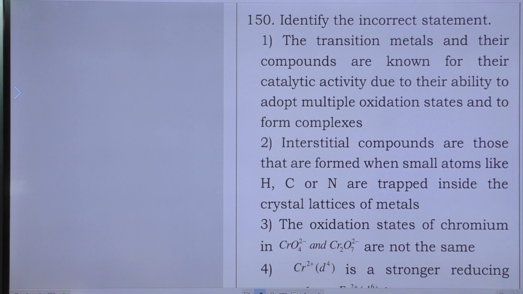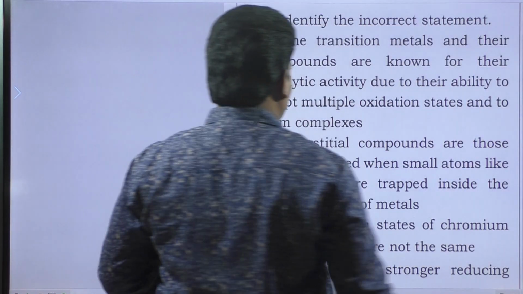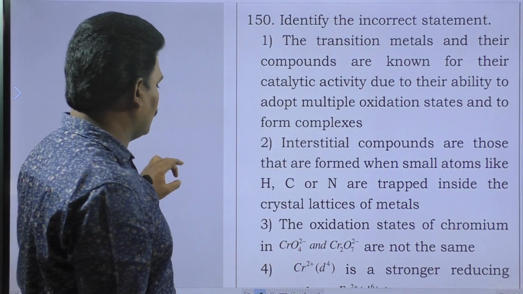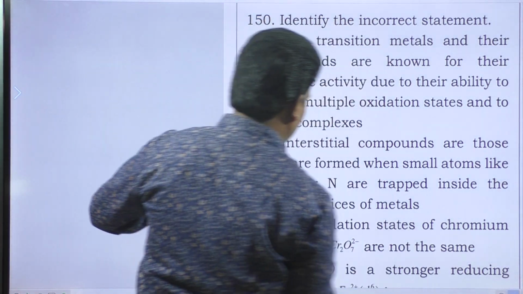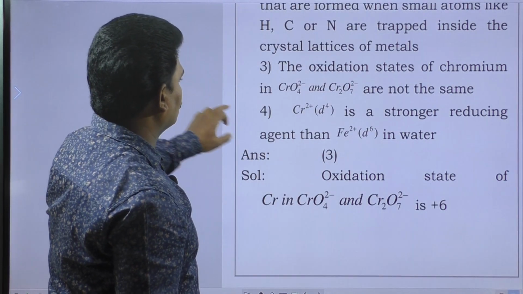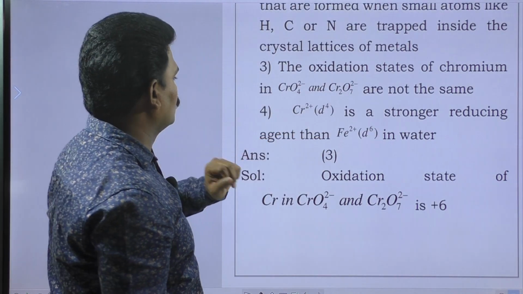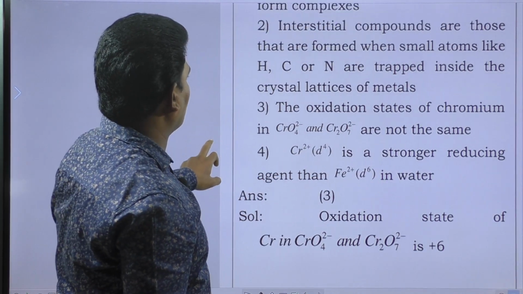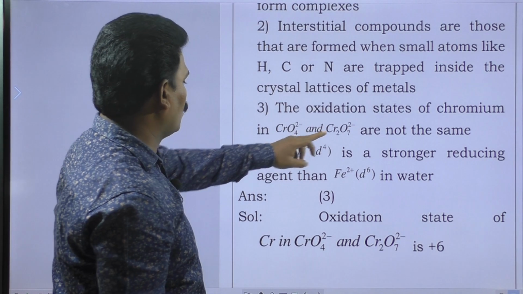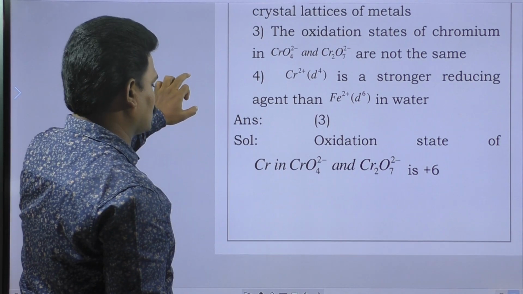Next question 150. Identify the incorrect statement. I go directly to option 4, Cr plus 2, and option 3. Look at option 3, CrO4 minus 2, Cr2O7 minus 2.